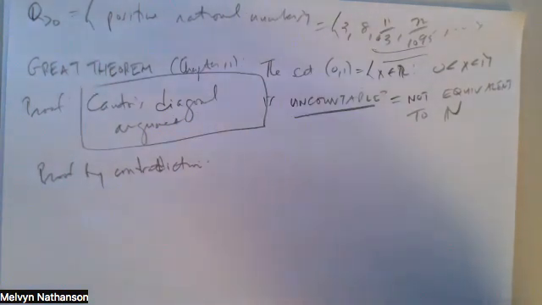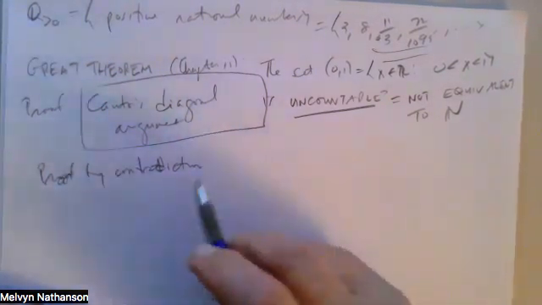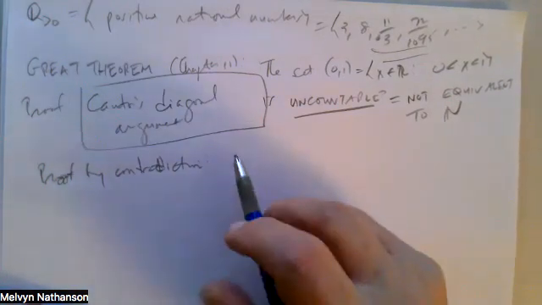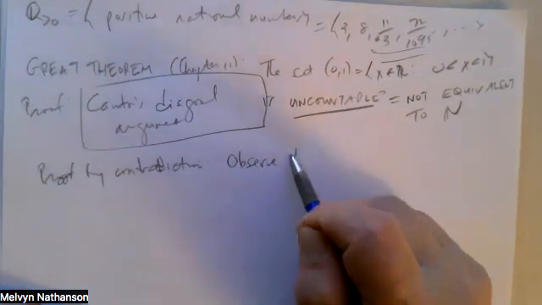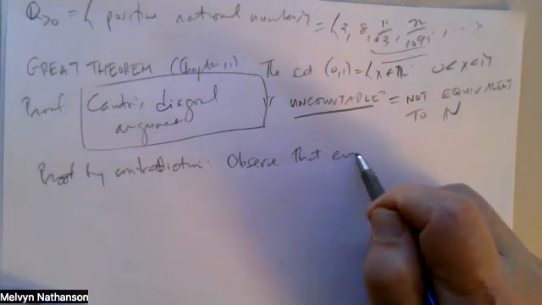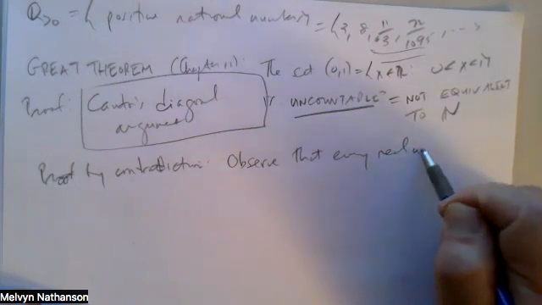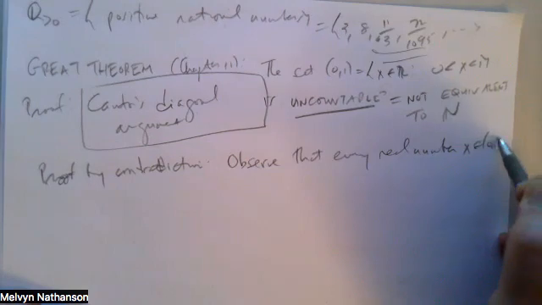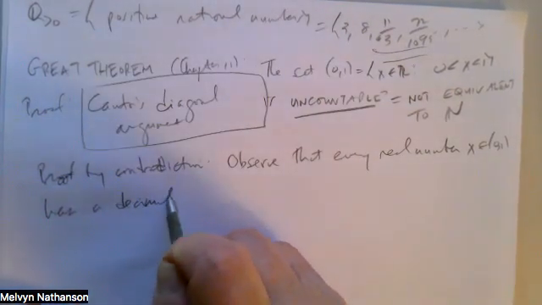So the proof by contradiction goes as follows. We start off by observing that every real number x between 0 and 1 has a decimal representation.